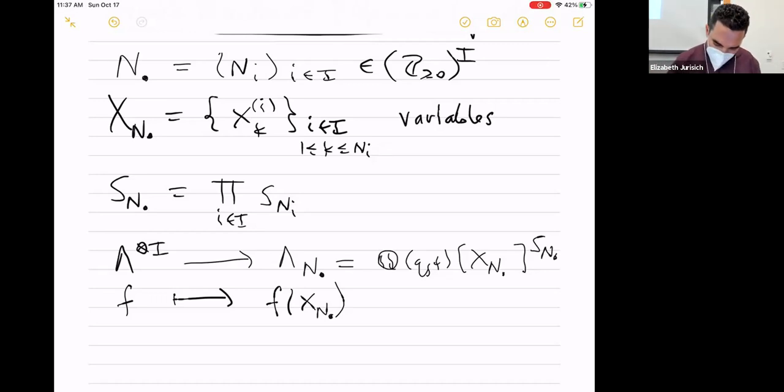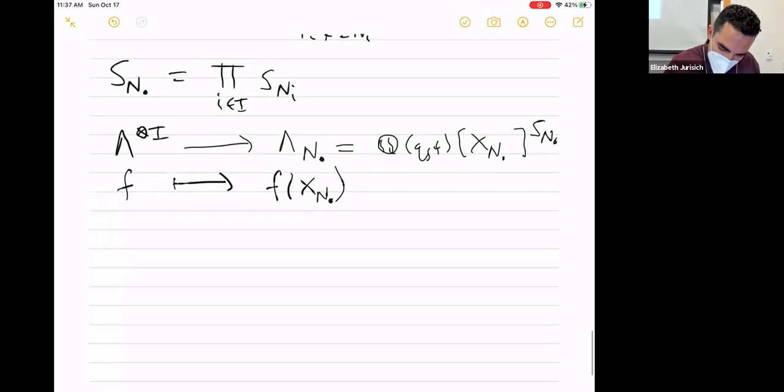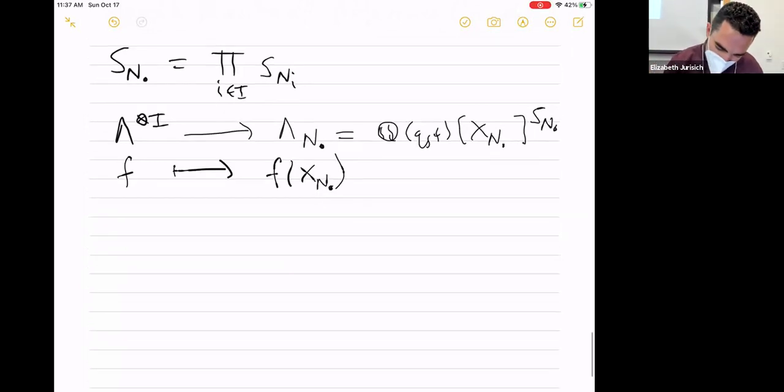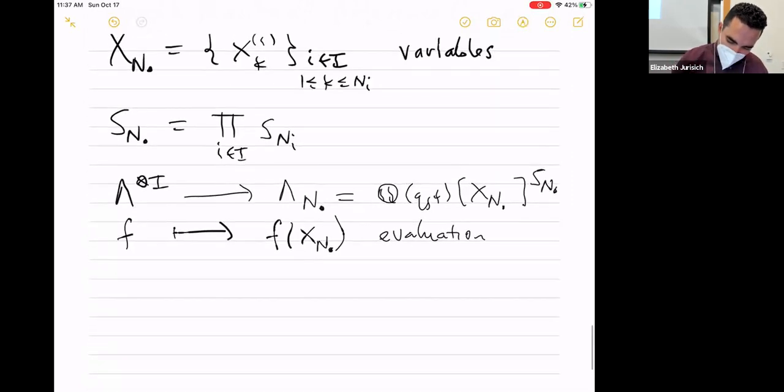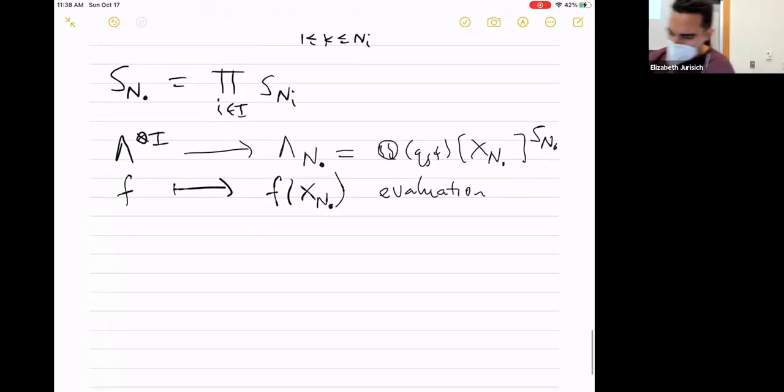If you take a single copy of symmetric functions and project to finitely many variables, this is just the tensor product of such maps. So this is just evaluation. If you like, you can ignore this technical point and just think the Wreath Macdonalds are here in this lambda n dot.